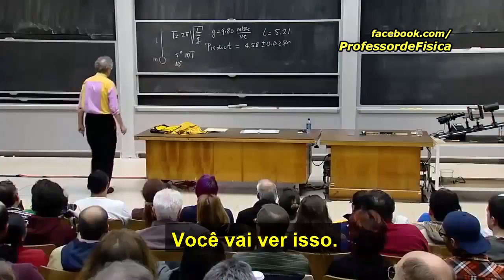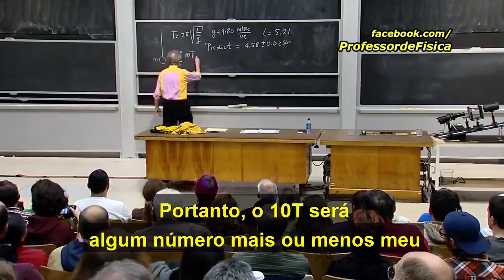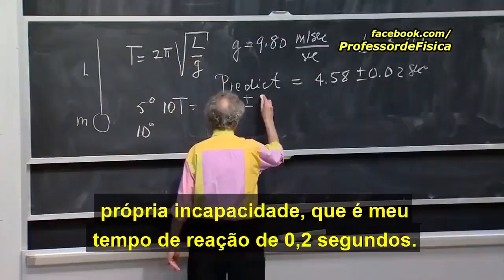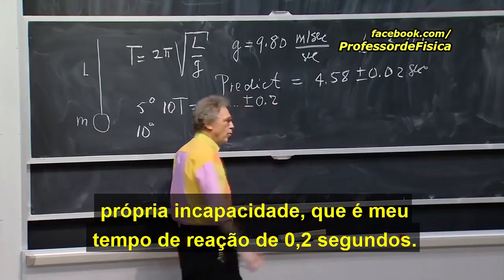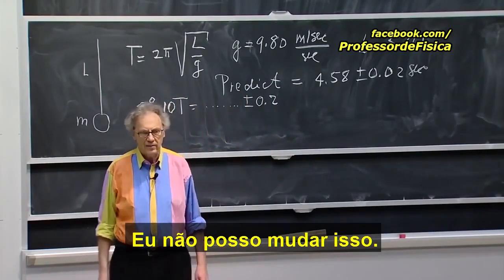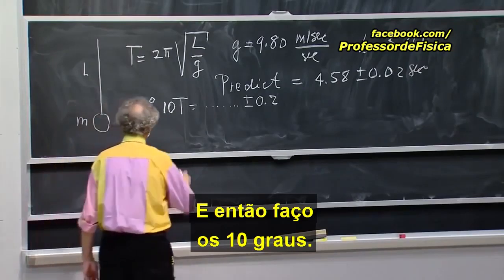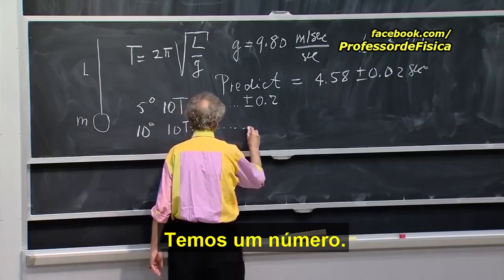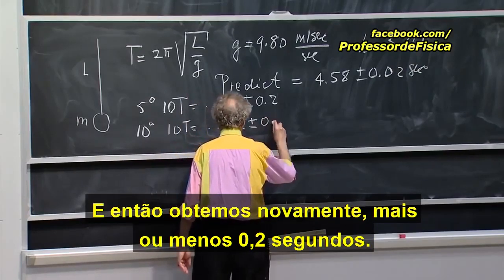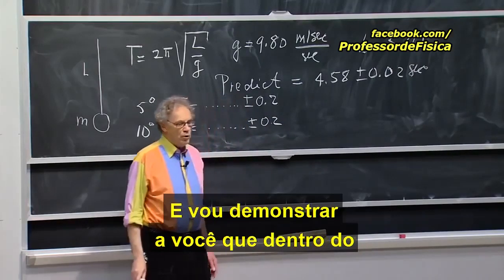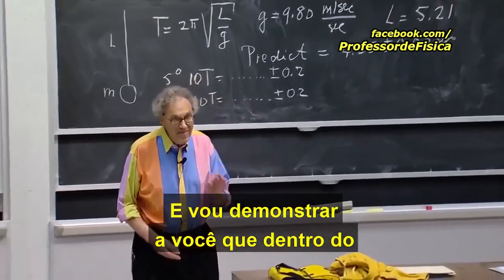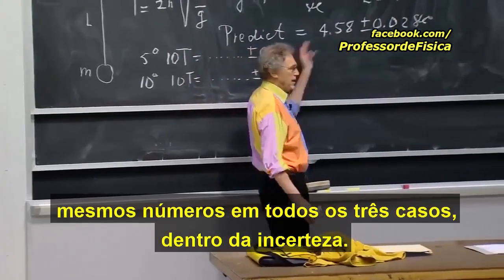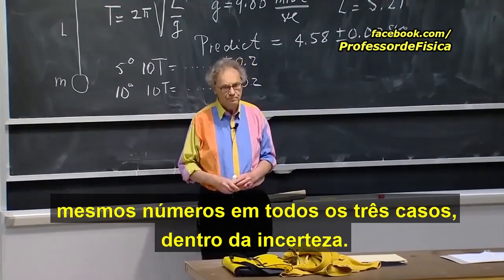So the 10t is then going to be some number plus or minus my own inability, which is my 0.2 seconds reaction time. I can't change that. And so then I do it at 10 degrees, and then we get again 10t. We get a number, and then we get again plus or minus 0.2 seconds. And I'm going to demonstrate to you that within the uncertainty of the measurements, I get the same numbers in all 3 cases.